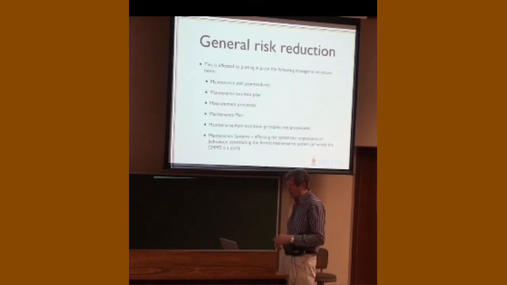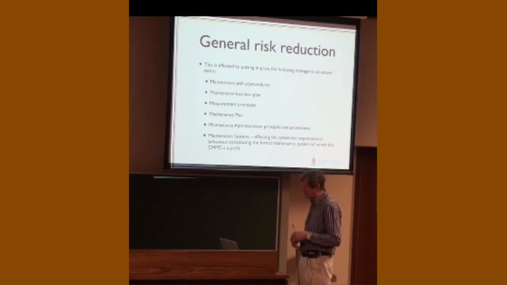We say this is affected by putting in place the following managerial structure items: maintenance policy, procedures, business plan, processes, maintenance plan, maintenance administration principles and procedures, maintenance systems. In other words, that the organization works like clockwork, that it is a properly run organization. That's general risk reduction.